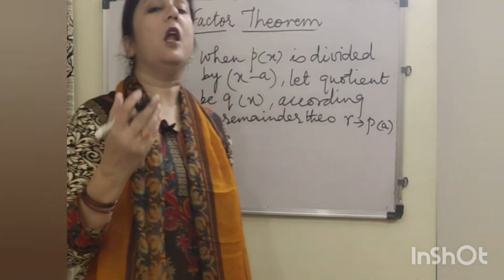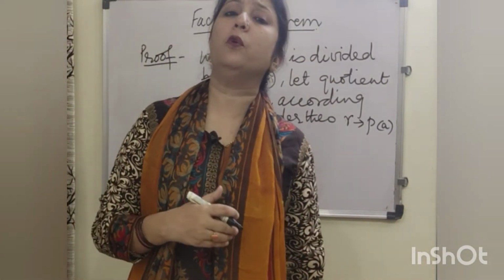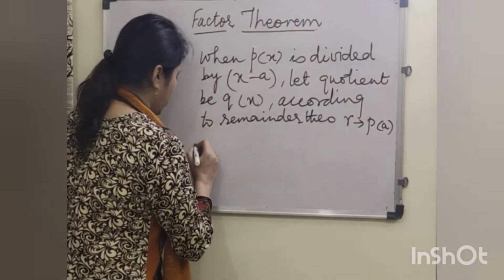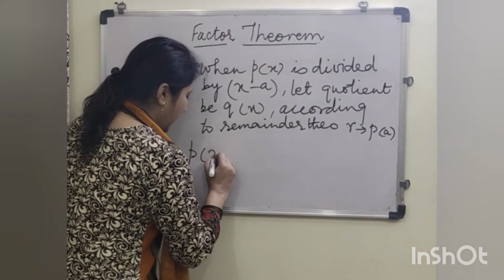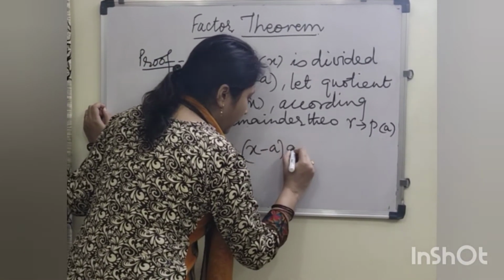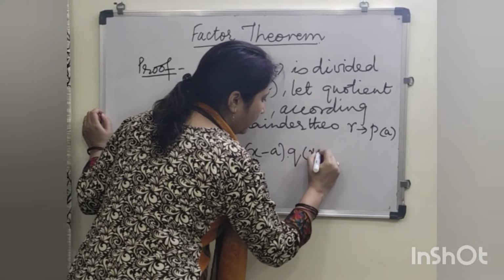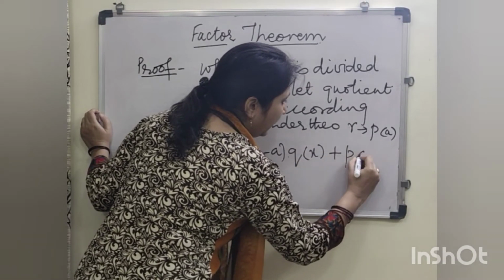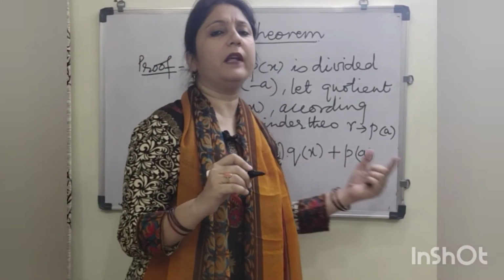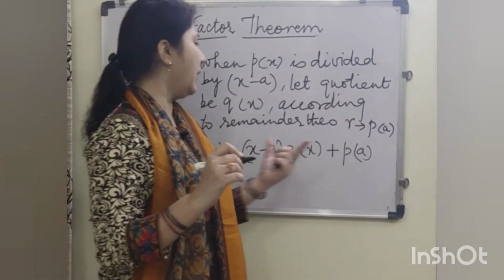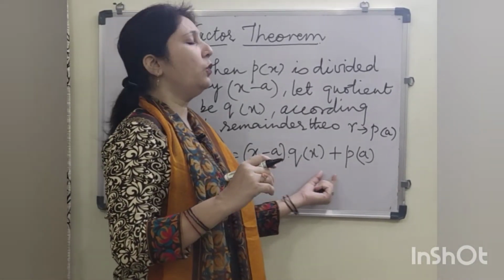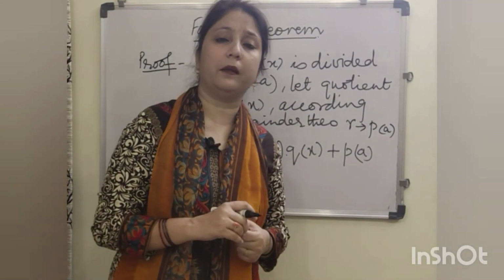Now write the same statement using division algorithm. So division algorithm says that P(x) is equal to (x minus a) into q(x) plus P(a). This is as per your division algorithm: dividend is equal to divisor into quotient plus remainder.